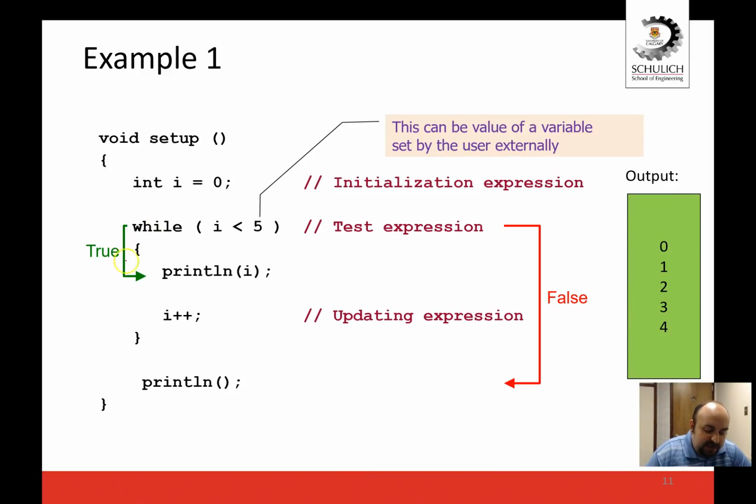As long as this is true, we're going to keep on repeating this, and as soon as it's false, we're going to go to the statements after the loop. So println with nothing inside is just going to print another end of line, another new line for you.